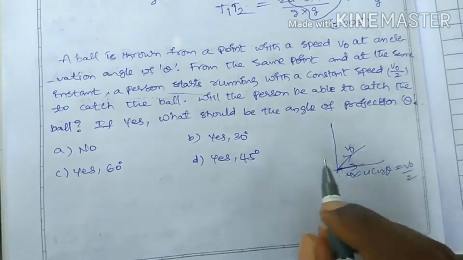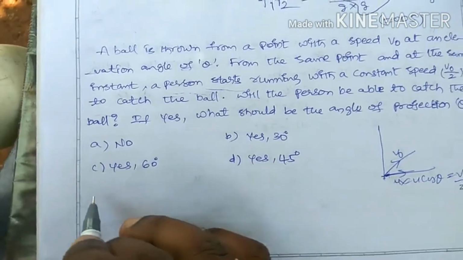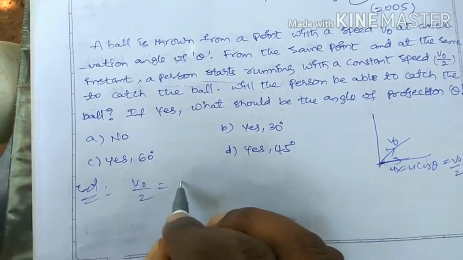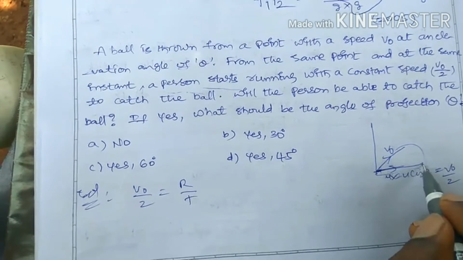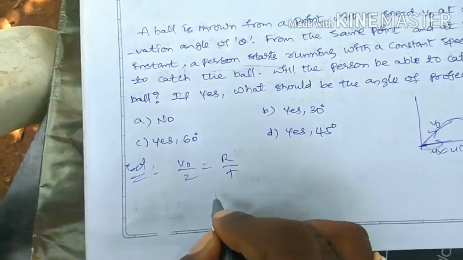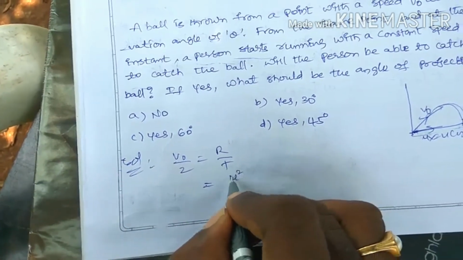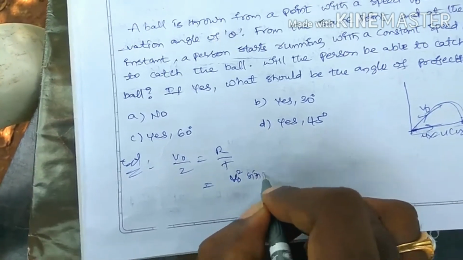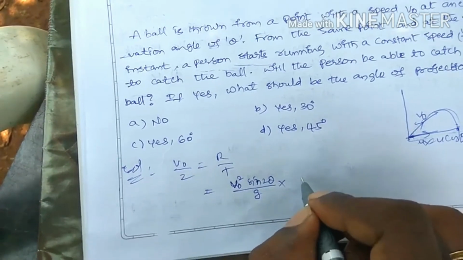So here we can find out theta. v0 by 2 is equal to range by time of flight. The range is u square sin 2 theta by g, and the time of flight is 2u sin theta by g.